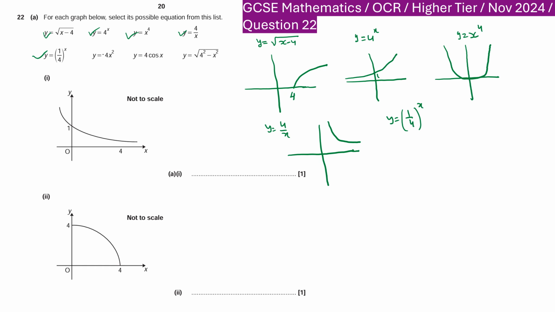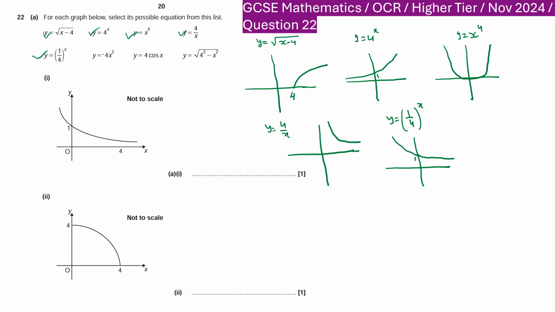So that would again be something like this. So that is y equals 1 over 4 to the power x. So this is 1, the y-intercept.